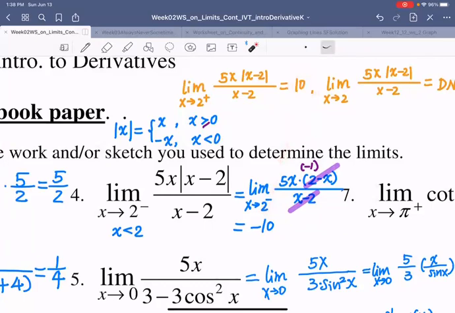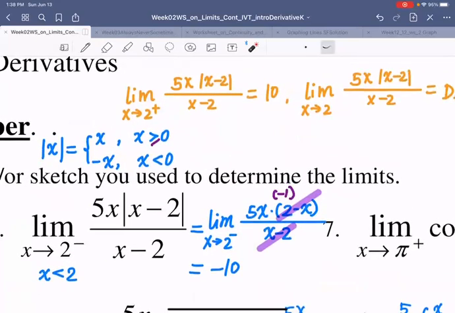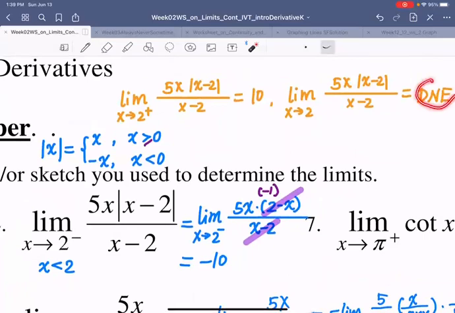But if I change the question again, I don't write down plus here, I don't write down minus here, I just write x approaches 2. Then the limit at this point does not exist. Why?